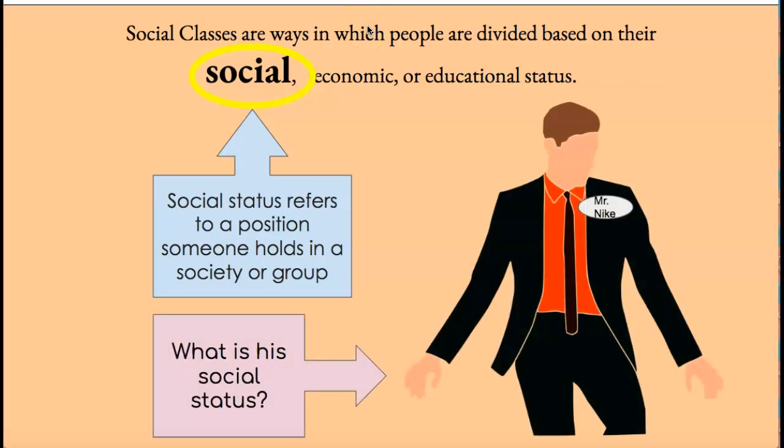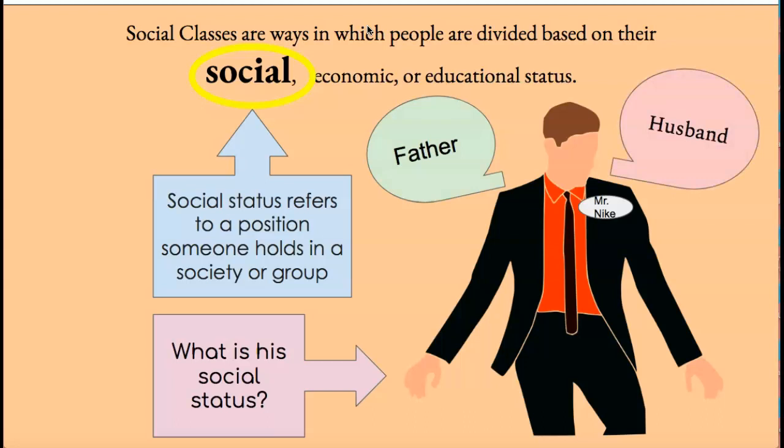For example, let's look at Mr. Nike. What is his social status? He is a father, a husband, a surgeon, male, and a son.